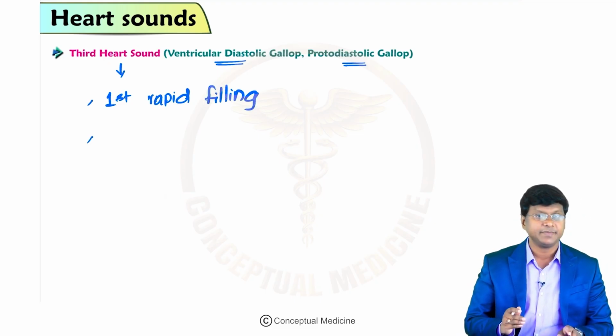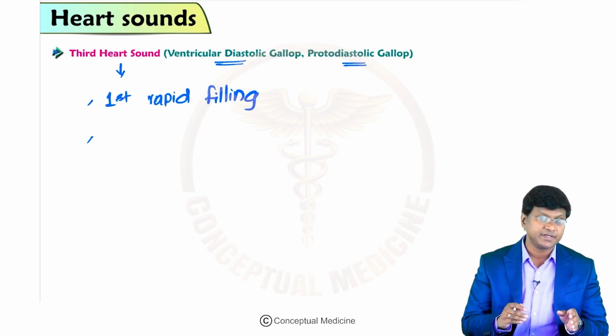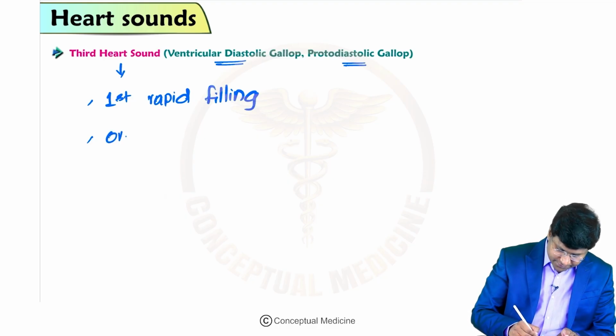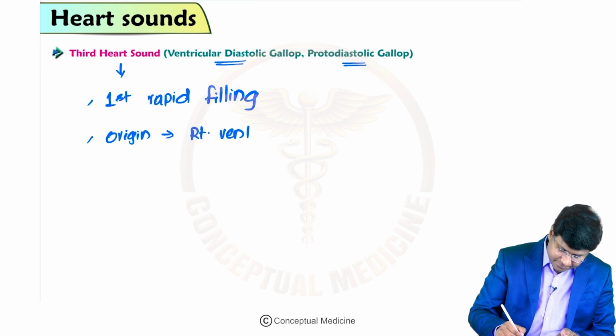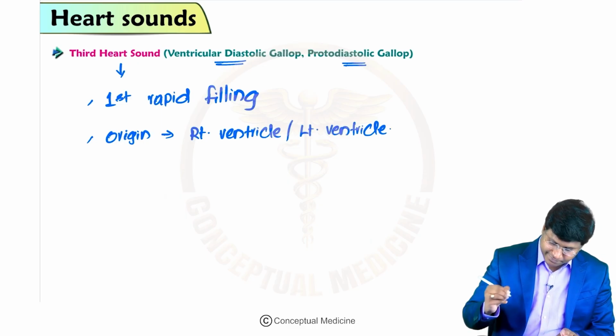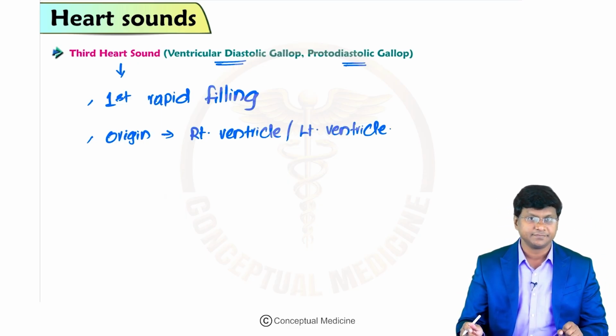And please remember, the third heart sound has its origin within the right ventricle or left ventricle or both. So the origin is either in the right ventricle or within the left ventricle.